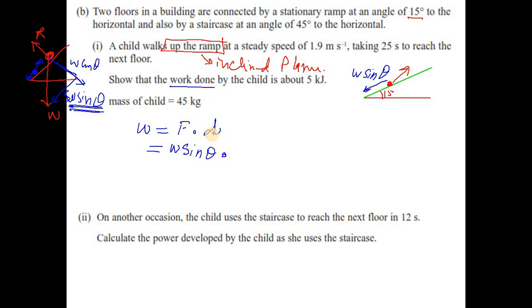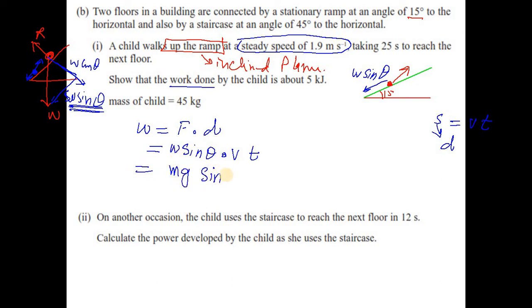The child is walking with a steady speed, that means constant speed of 1.9, and it takes 25 meters to walk up. So for distance you can use S equal to VT. Here I'm using a symbol S, and you can replace S with D. So D is V into T. And finally, W is mg sin theta into V into T.